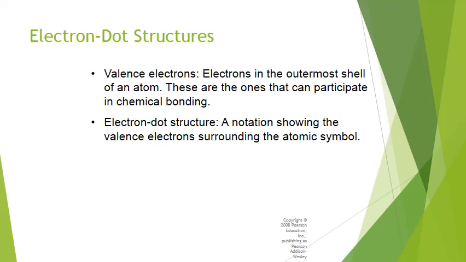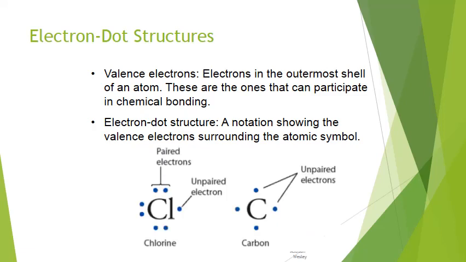So it's the valence electrons that are the ones involved in bonding or in chemical reactions. And what we just saw was what's called an electron-dot structure, where we forget about all the other electrons in the inner shells. All we care about is the number of electrons in that outermost shell.